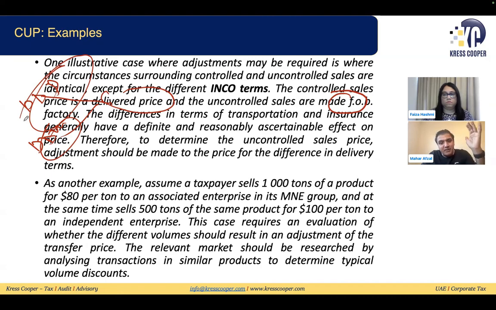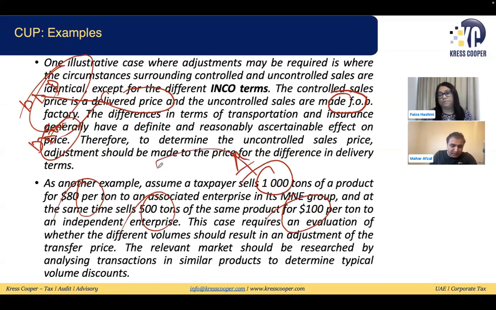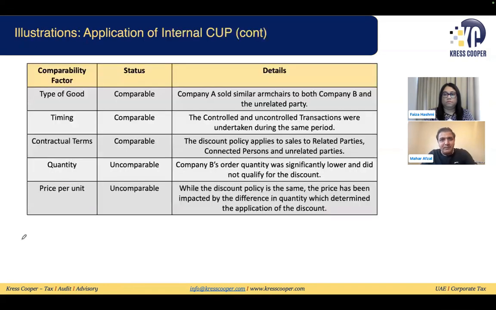Here they are selling 1,000 tons at 80, here they are selling 500 tons at 100. Might be there is a policy of the company: if you are buying 1,000 tons, we will reduce the price from 100, around a 20% discount. There is a possibility, but it will require internal evaluation.